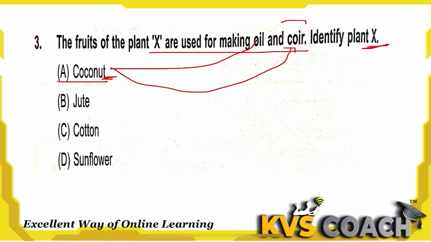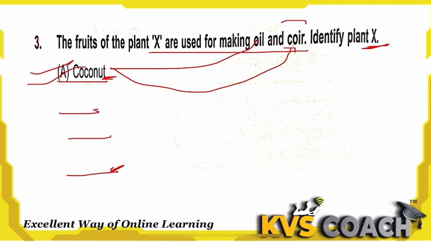So this will be plant X. Jute is only a fiber plant. We cannot get oil from it. Cotton plant, we cannot get oil from it. We can only get fiber from it. And sunflower is the plant from which we get only oil but cannot get coir. It means option A is the right answer for this question.